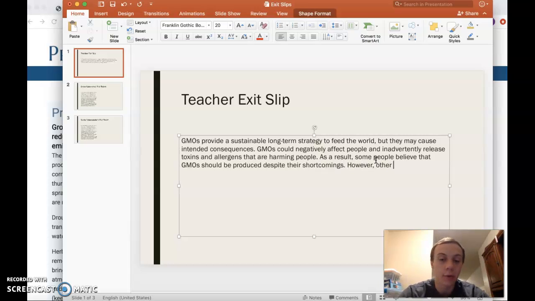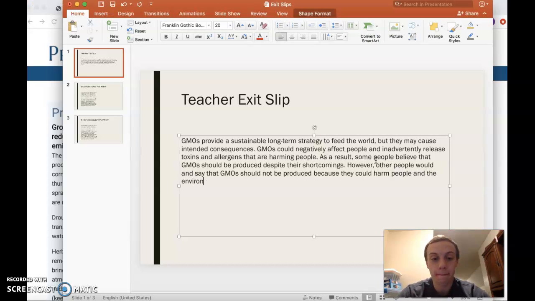However, other people would disagree and say that GMOs should not be produced because they could harm people and the environment. Because they harm the environment, they could negatively affect entire ecosystems.